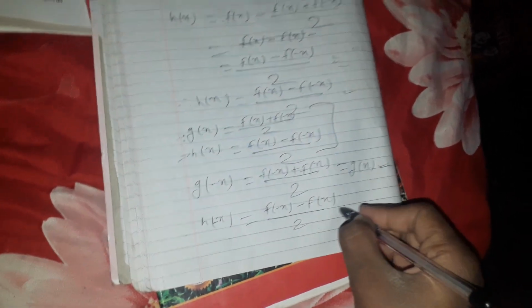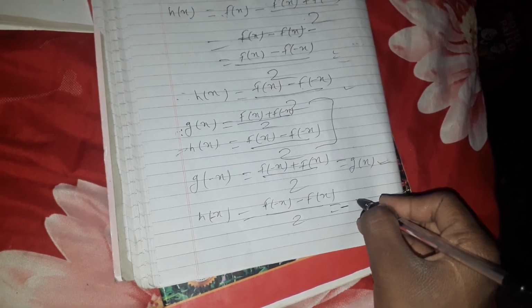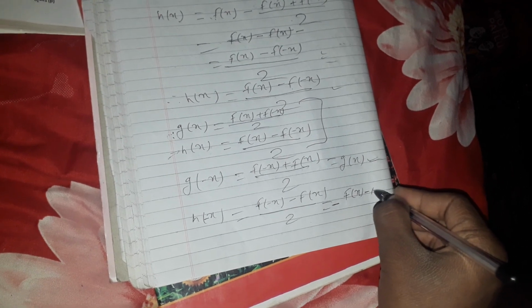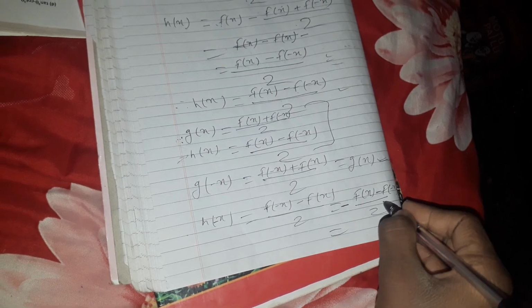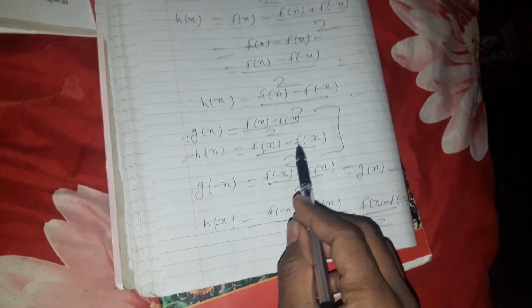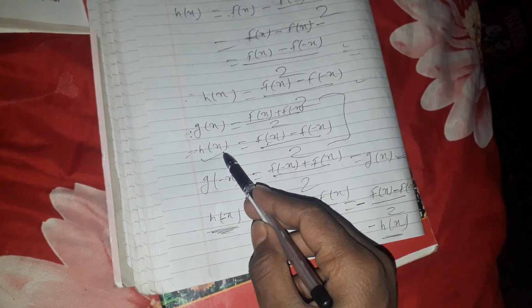If you factor out minus 1, what you get is f of x minus f of minus x divided by 2. And as you already know, this is h of x, because h of x is f of x minus f of minus x divided by 2. So this is minus h of x, and here you can see that h of minus x is equal to minus h of x. It means that h of x is odd.